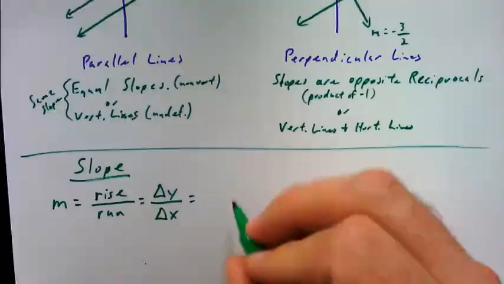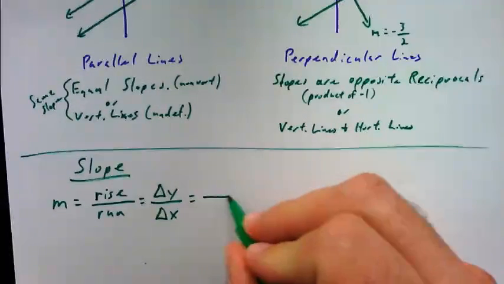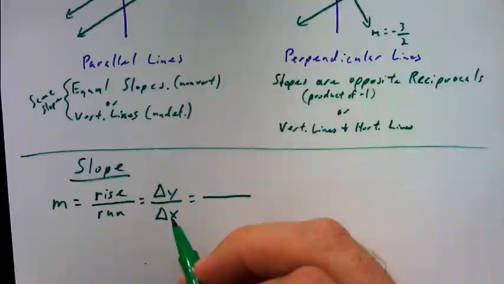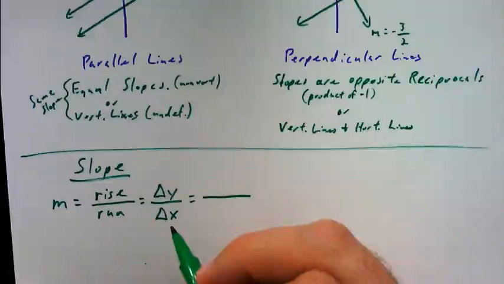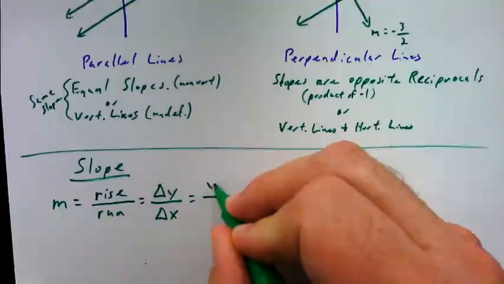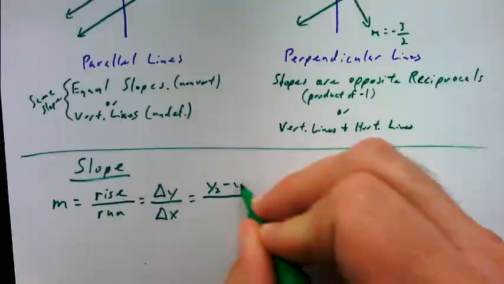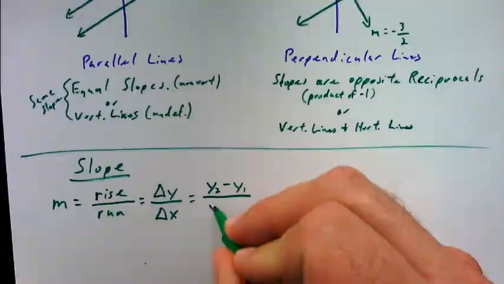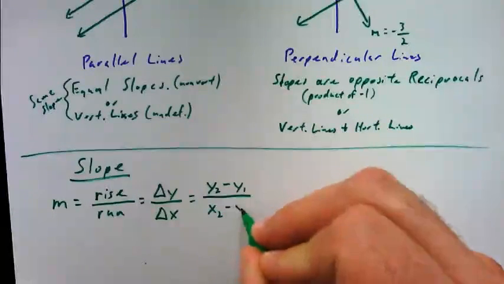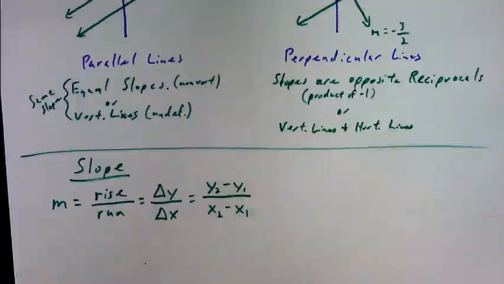Or, better yet, the equation. How do you find change or difference? What operation do you use? Subtract. So we're going to do y2 minus y1 over x2 minus x1.